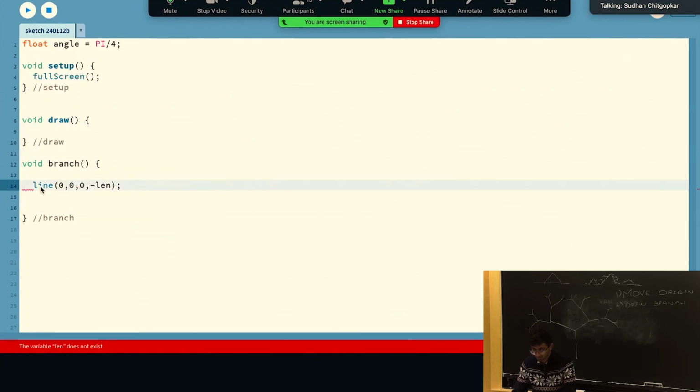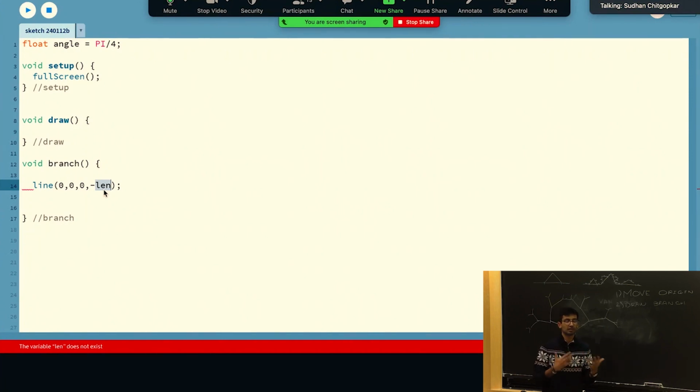Everything there so far should be the exact same. The one variable that we're using here that we haven't actually defined yet is the length. Now, what might be interesting is to draw each branch's length differently based on where it is in our tree, right? It makes sense that in our tree, the base branch should be a lot longer than the branches that move outwards from it.